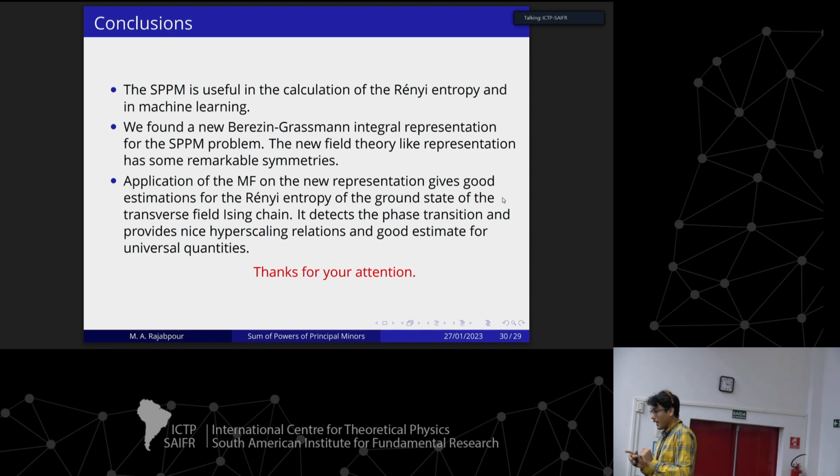If I wanted to look at the central charge, which I didn't, here I was mostly working with the Rényi entropy of the full system. But if I wanted the central charge, I would need to look at the Rényi entropy of the subsystem. In that case, I need to work with the periodic one.